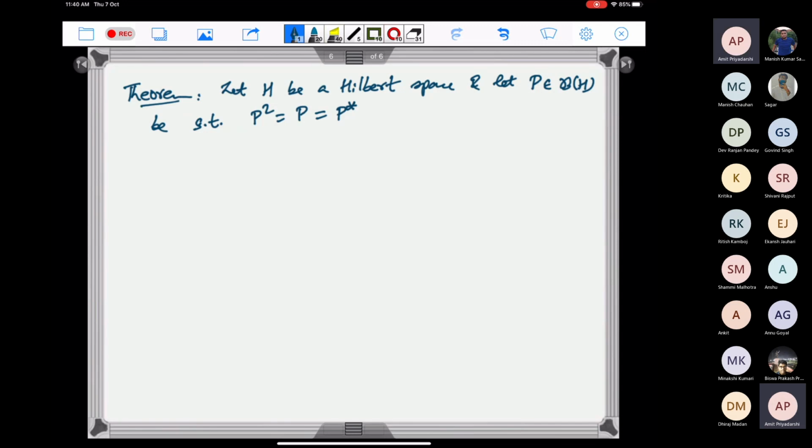So we are assuming that P is self-adjoint and P is idempotent.